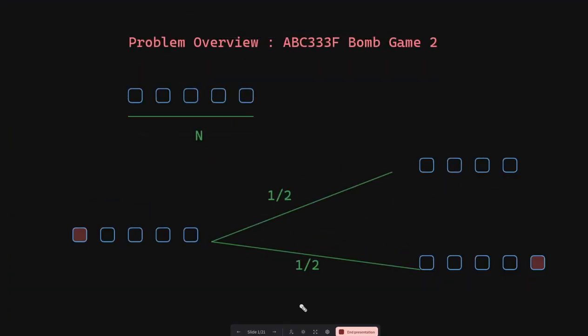A quick overview of the problem: n people are standing in a line from front to back, and in each operation we pick the person standing at the front of the queue.